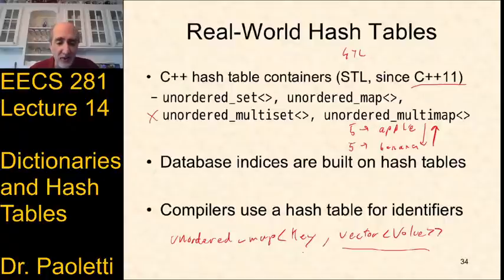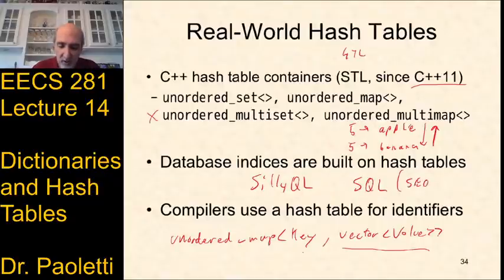Now, the compiler's using a hash for identifiers. We already talked about that one. Database indices: we have a completely different project 3, which you're not seeing, which is called SillyQL. SillyQL is a simplified version of SQL, or it's pronounced SQL, which is one of the most common database languages.